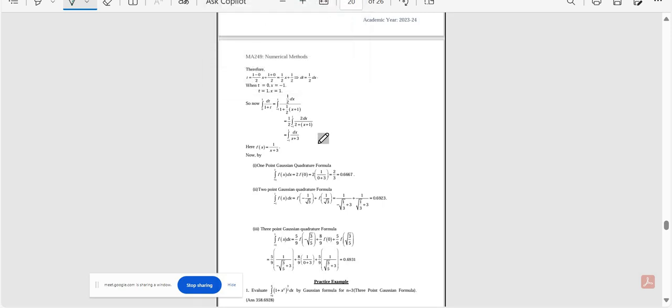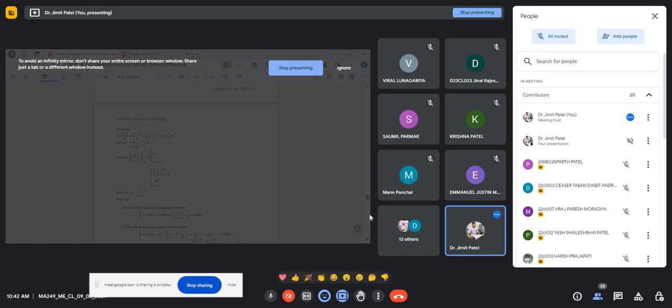Any question, any doubt in this method, Gaussian quadrature? No, sir. What about others? Please give me your confirmation.